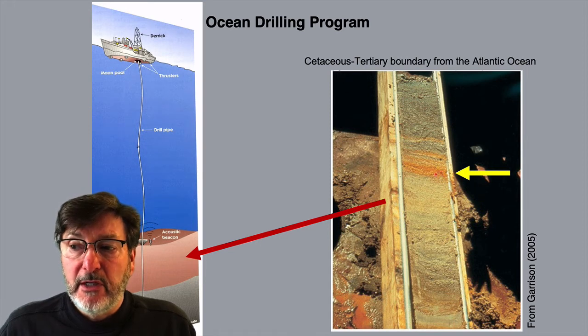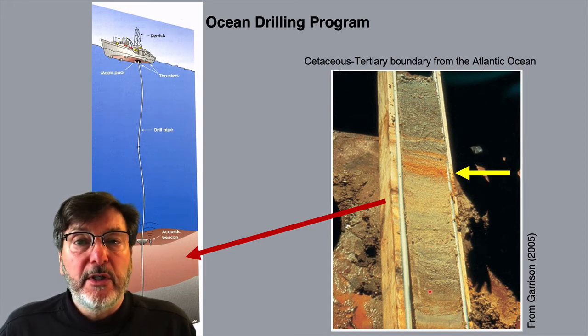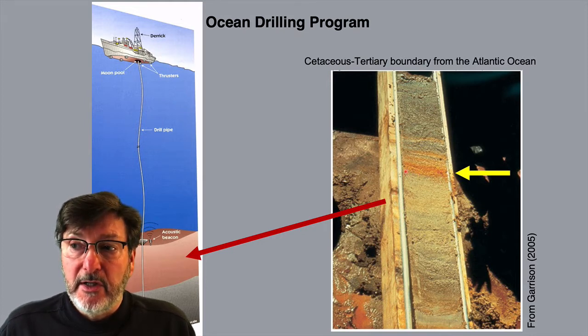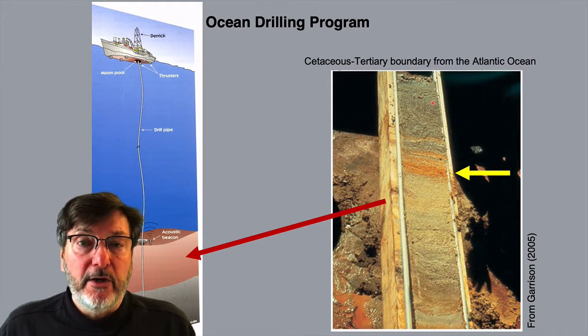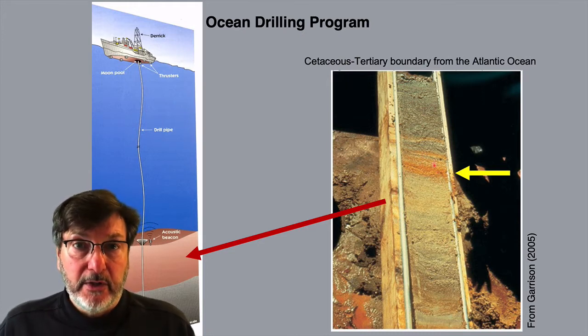So the Cretaceous sediments below, the red zone is oxidized meteorite impact ejecta that fell to the seafloor and has become oxidized, and then the overlying darker gray layer is the aftermath of the KT boundary extinction, and that's Tertiary age sediment here.